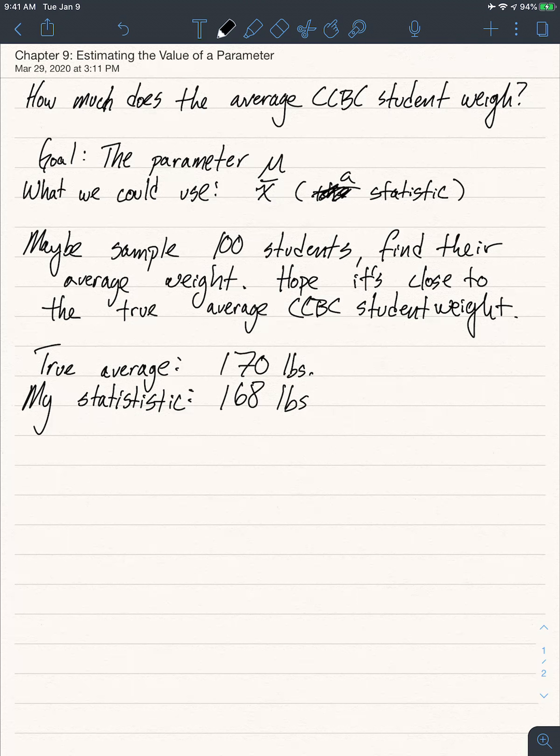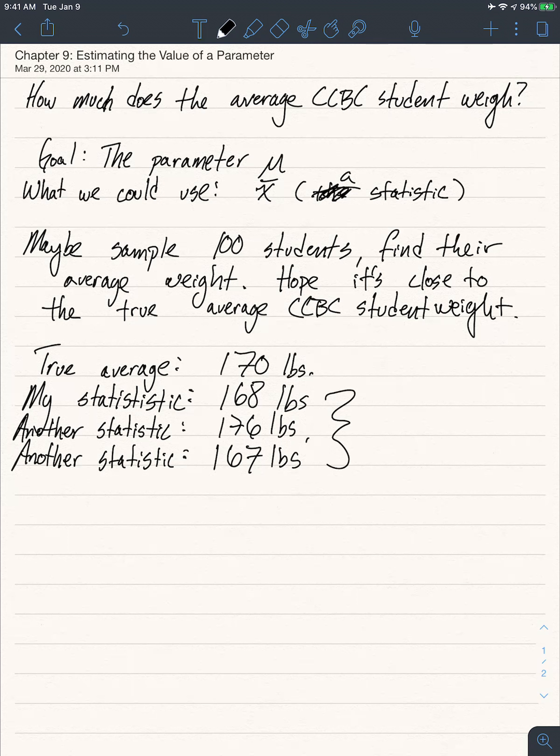That's pretty close to the true average, right? But we know that it's completely dependent on who those 100 students I weighed were. Another statistic that could have been found was 176 pounds, maybe a little too much. Another statistic that could have been found, say you go out there and sample people, and you find 167 pounds.